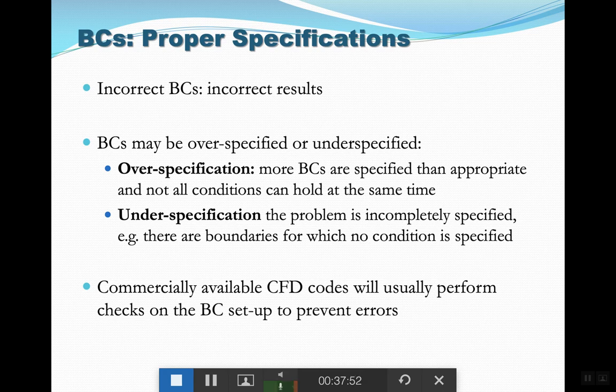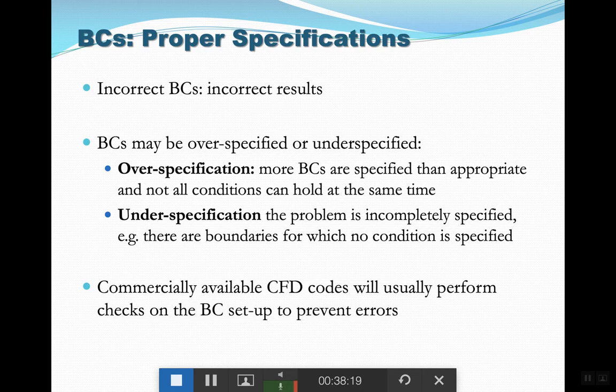Regardless of what type of boundary condition you're using, there are some underlying assumptions that have to be abided by to have proper boundary conditions. Number 1 rule in defining boundary conditions is to be careful about over-specification and under-specification.